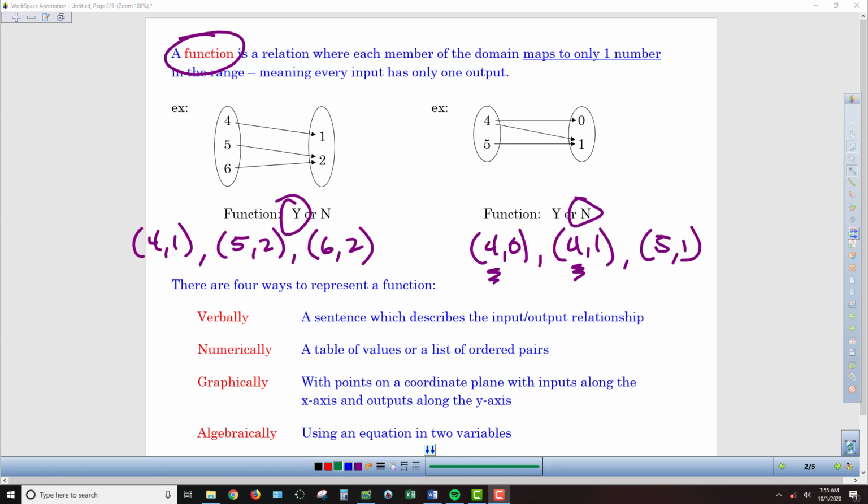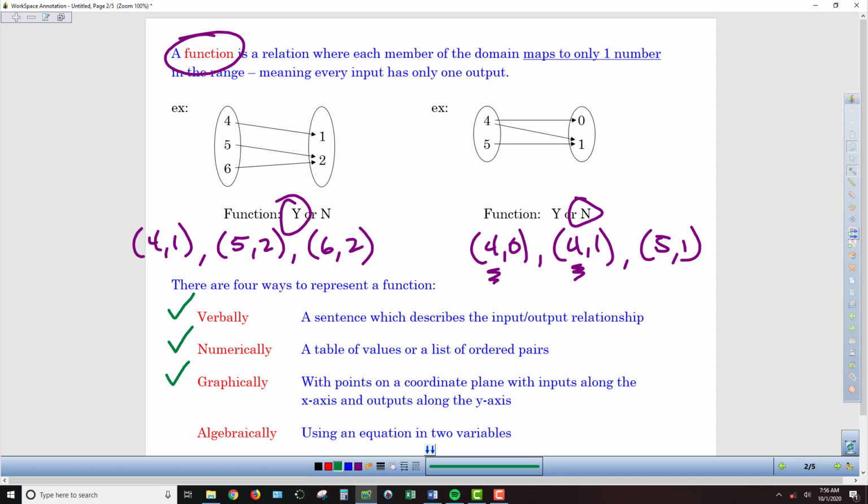Now there are four primary ways that we can describe or represent a function. The first is verbally: we can be given a statement that describes the input-output relationship. It can be numerically, where we're given a list of ordered pairs and our function is defined that way. It can be done graphically, where we have a graph of some set of ordered pairs, whether it's a line with an infinite number of ordered pairs or a set of discrete points.